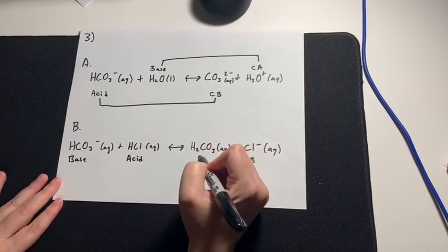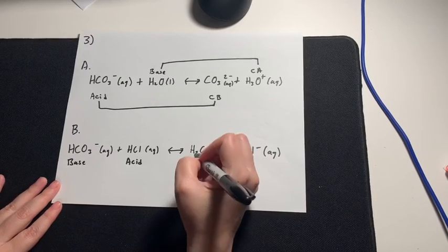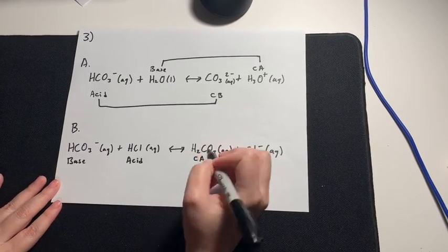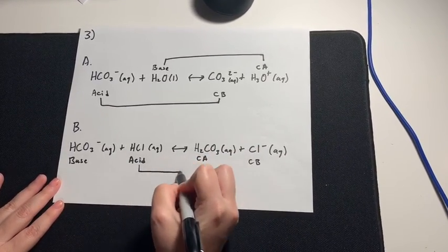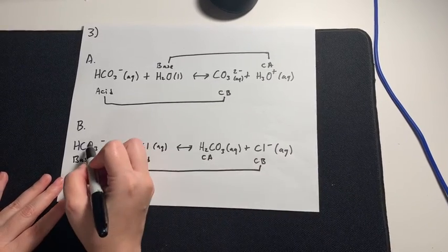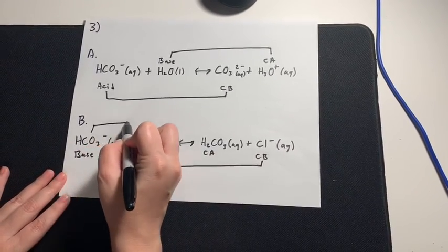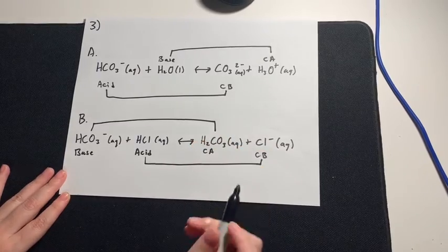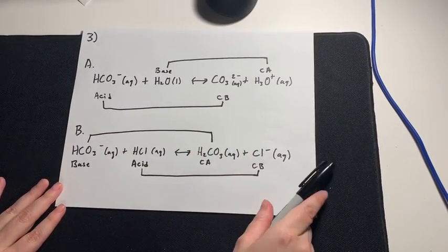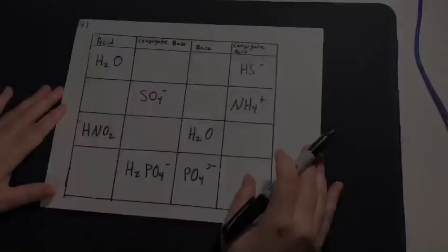And here on this side, we can see that it's the conjugate acid. So these two are connected, and these two are connected. Okay, that takes care of these types of problems.